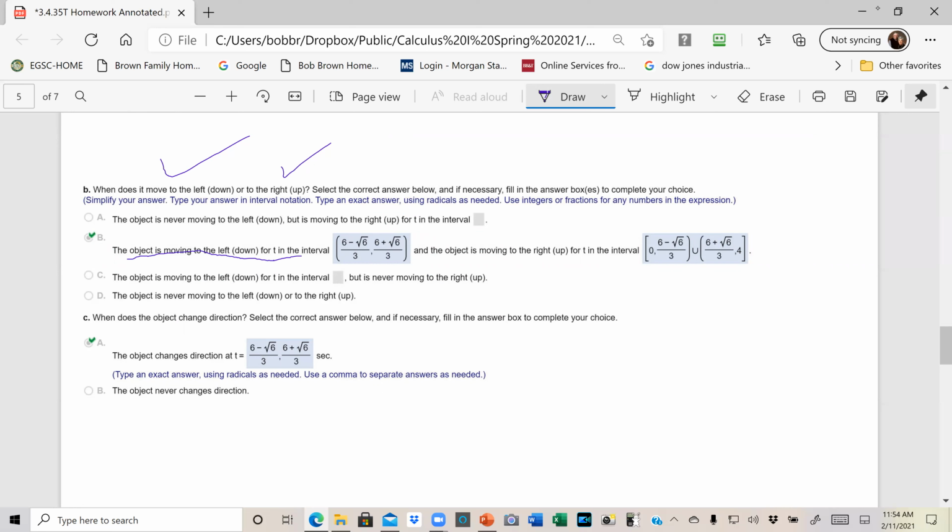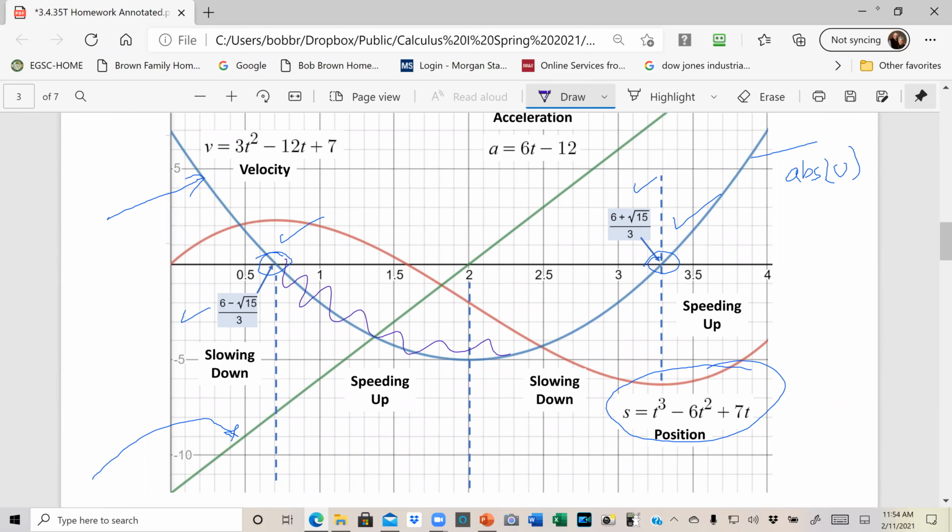Going back to the curve here, the velocity is negative between these two points that we just calculated, 6 minus the square root of 15 over 3, and 6 plus the square root of 15 over 3. So the velocity is negative, which means it's moving down or to the left over this interval.